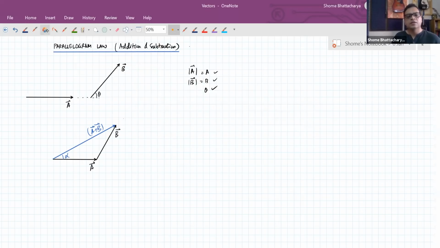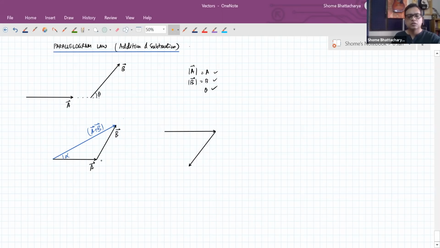But similarly, if we are calculating the difference of these two vectors, we have to construct it this way. We first draw the vector A, and then to that we will construct the vector minus B. So if this was the vector B, then the vector minus B will be like this.